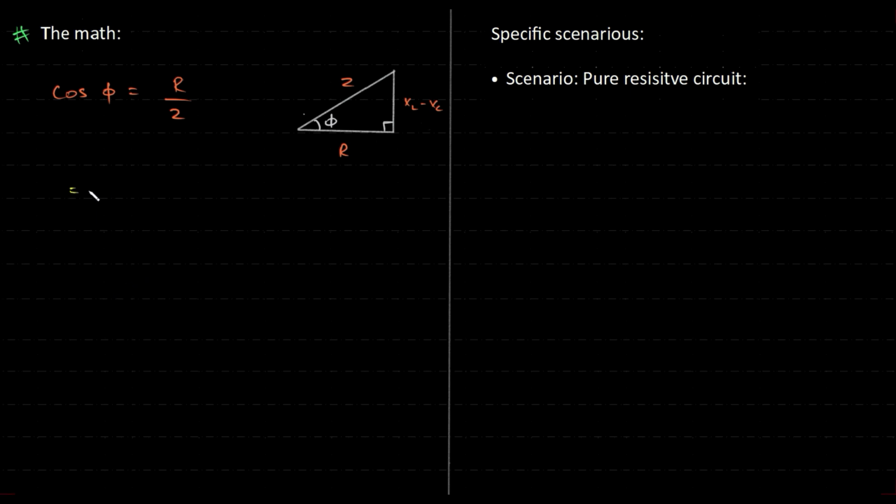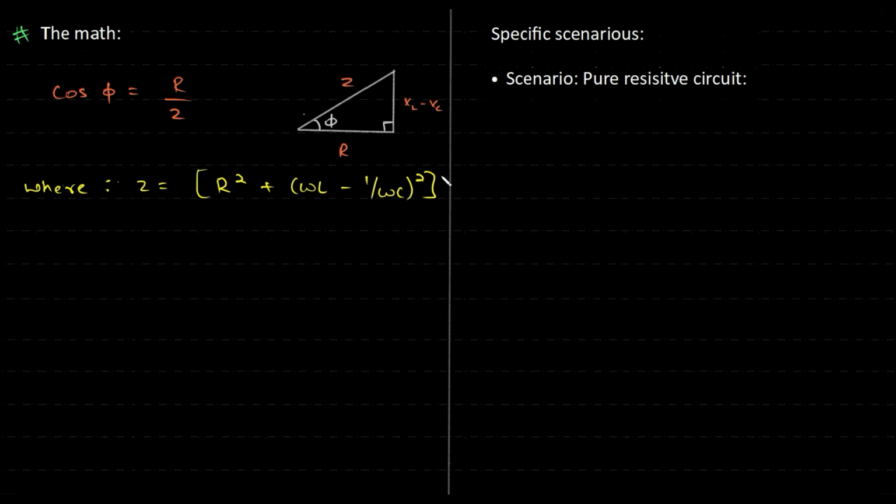So what is Z? Z is equal to the root of R square plus the quantity omega L minus 1 by omega C, the whole square.